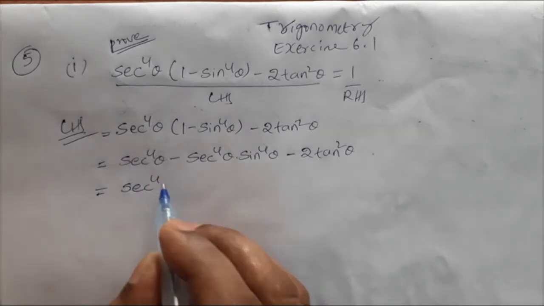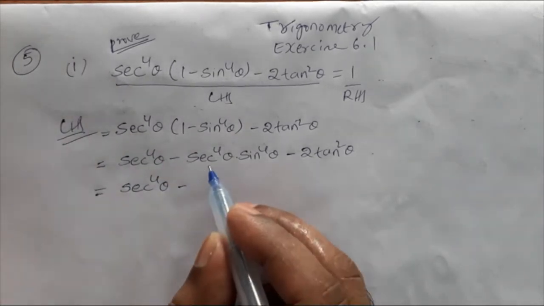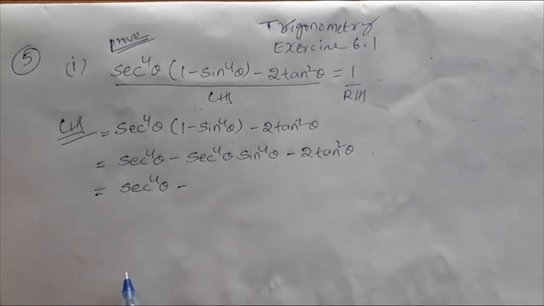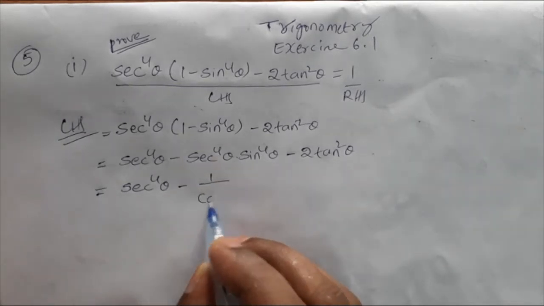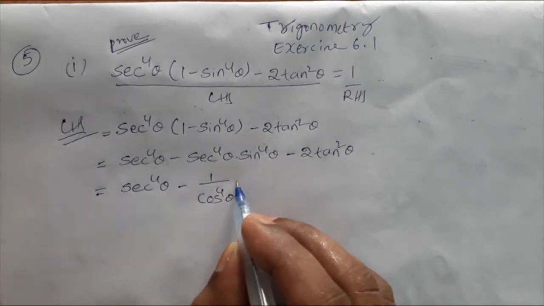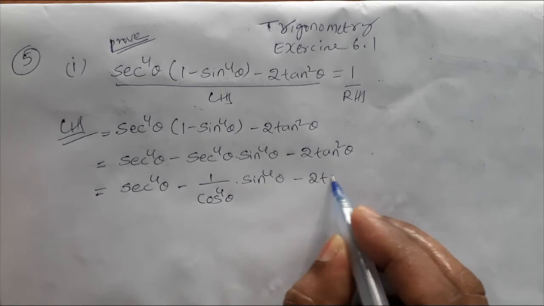So we just multiplied. Then secant power 4 theta minus this secant power 4 theta, which we can write as 1 by cos power 4 theta, into sine power 4 theta, minus 2 tan square theta.